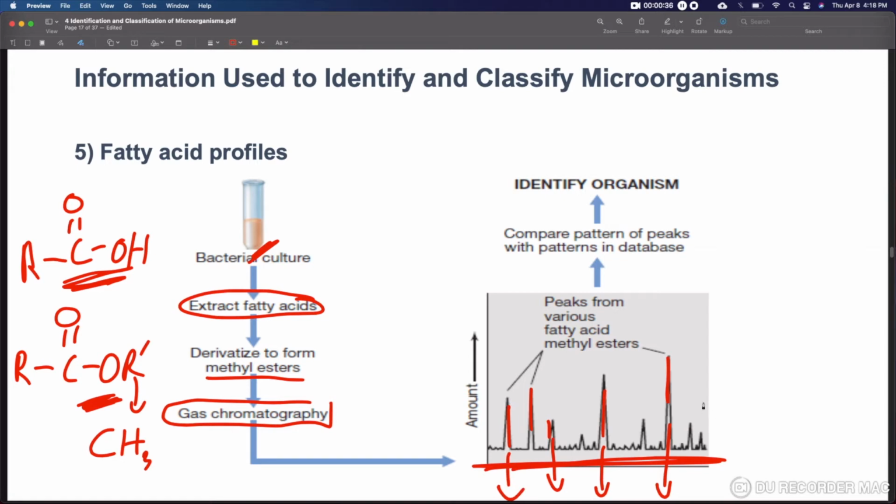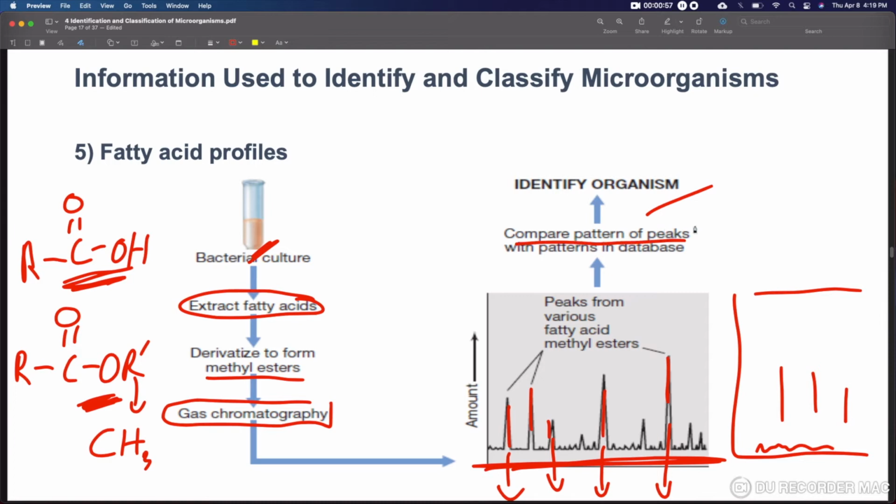And this profile is what we're going to compare to the database that we have. So we compare it to profiles of other organisms. If it matches the profile of other organisms, it has the same peaks, we can confirm the identity of the microorganism. We compare the pattern of the fatty acid methyl esters.